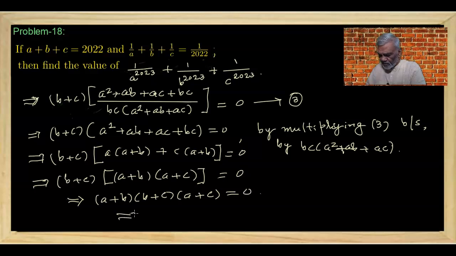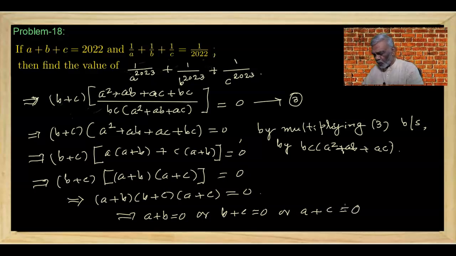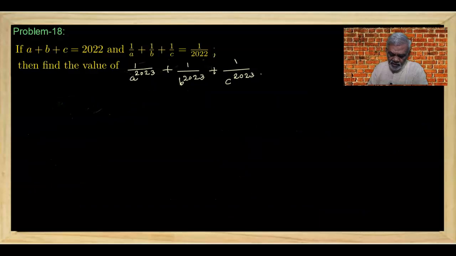And this implies a plus b equal to 0 or b plus c equal to 0 or a plus c equal to 0, or all of them or any two of them are 0. The final output is the same.